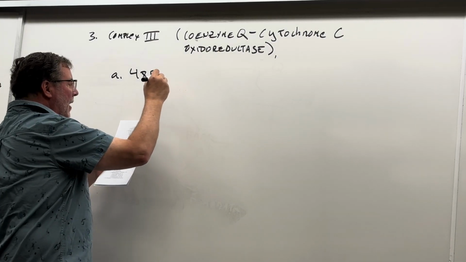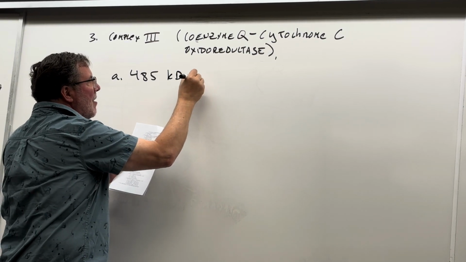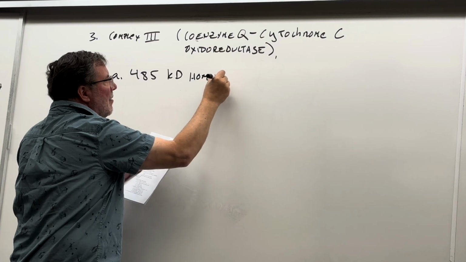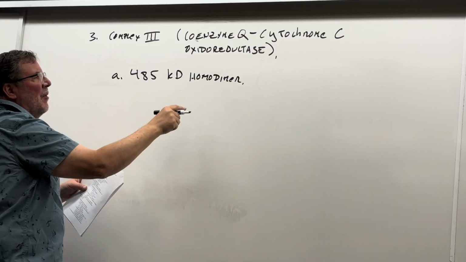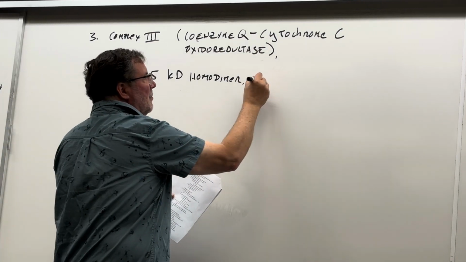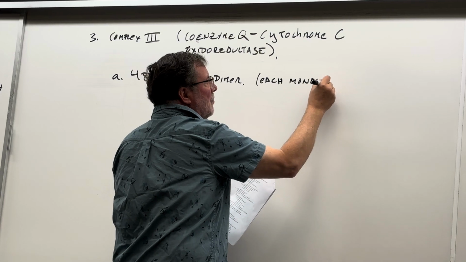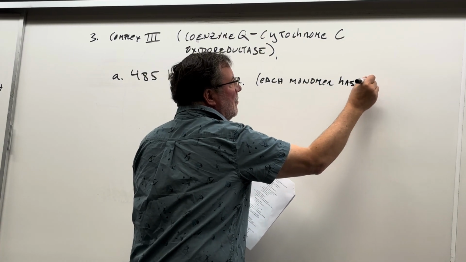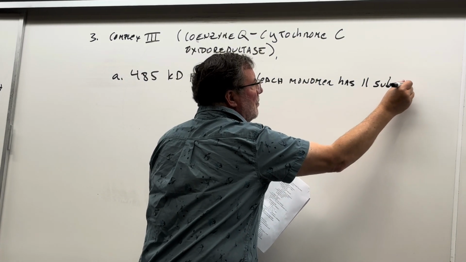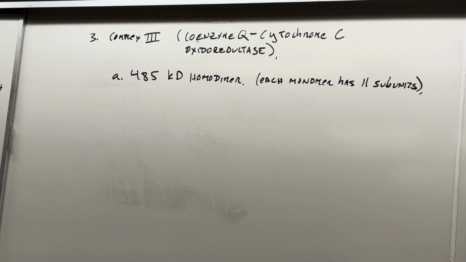This is about a 485 kilodalton homodimer, but each monomer contains 11 subunits. That's really the bottom line. It's like, wow, there's a lot of stuff going on.